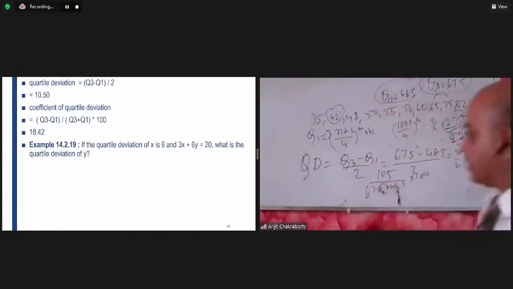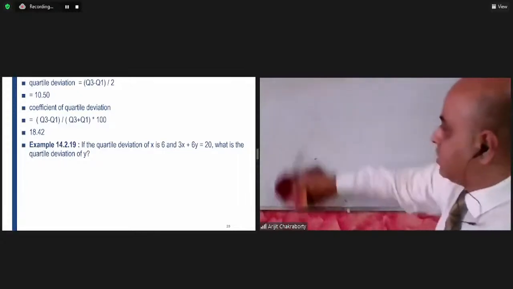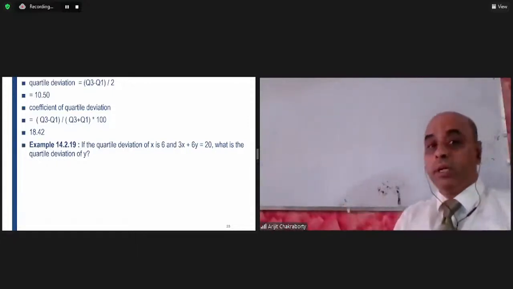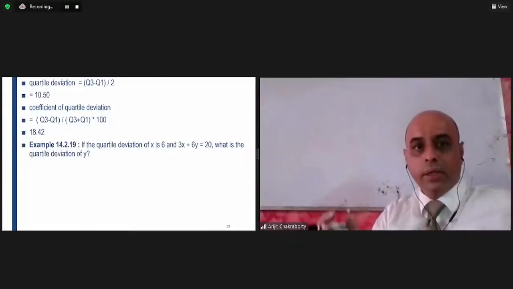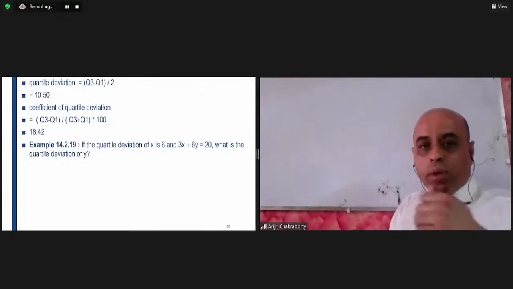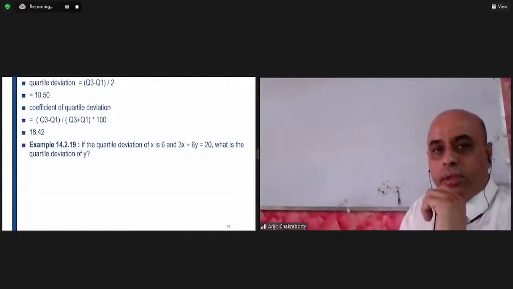Very, very relevant question for the exam, and please practice these type of questions along with the calculation based question like the one we are doing. So many tables we drew, so many problems we have solved. These are a lot of calculation based questions, but this one, 14.2.19, is based on the formula. So this is not going to be lengthy in calculation, just using the formula.